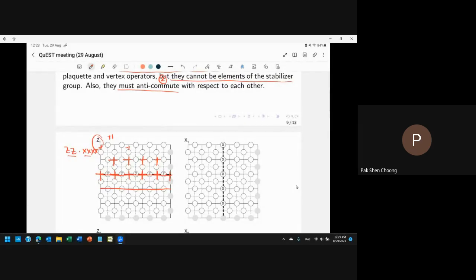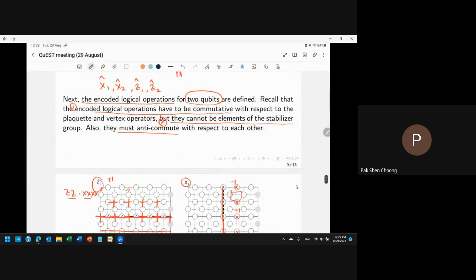Okay, so the second thing, now we want to define what is x1. Following similar arguments, if you only have one qubit to be x, then this bracket operator will detect -1, while the rest detect +1. So in order for you to have +1 on this, you need to put another x. But this one now will detect -1, so you need to put another x, and so on, until you form this line. So this is your x1 operator, and you find that it satisfies the first two conditions.